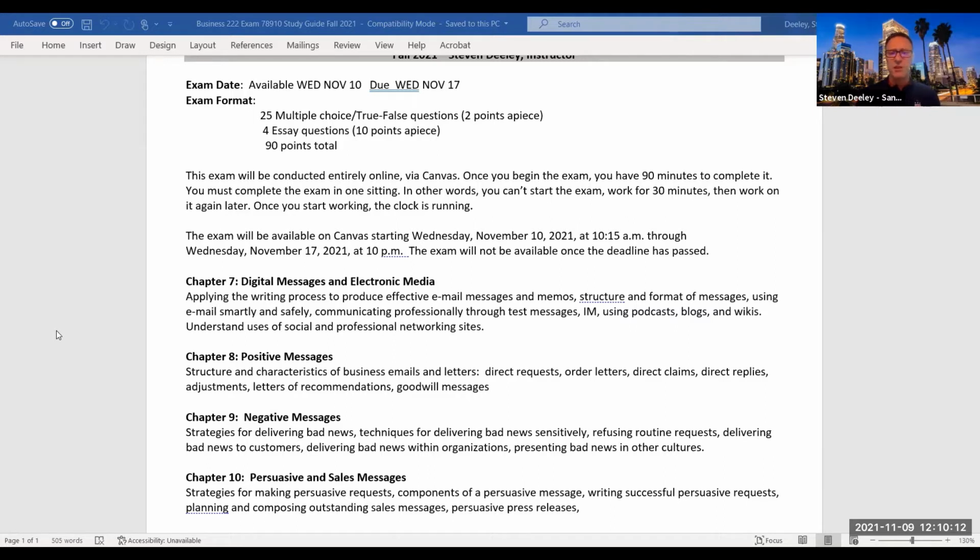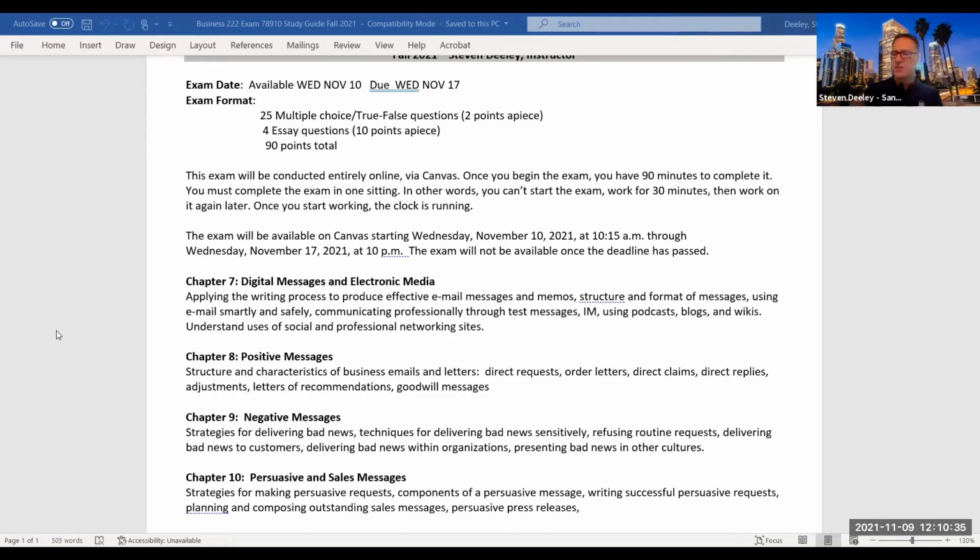Chapter 7: digital messages and electronic media. Again, this is a direct pattern, and all of the topics are listed there. Chapter 8: positive messages, also direct pattern. This one talks about the characteristics of things like direct requests, direct replies, direct claims, and adjustments.